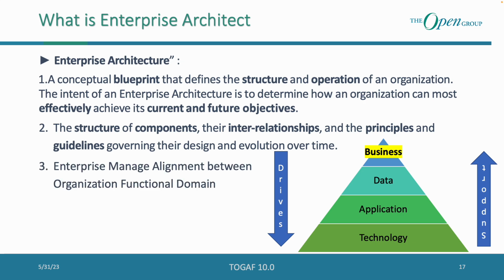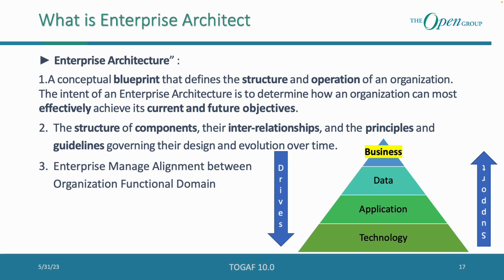The data domain deals with managing the organization's data assets and ensuring data integrity and quality. The application domain involves designing and managing the software applications that support the organization's operations. Lastly, the technology domain encompasses the hardware, software, networks, and infrastructure that support the organization's IT systems.